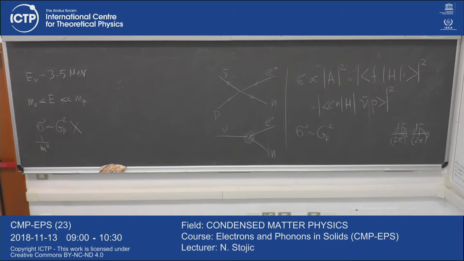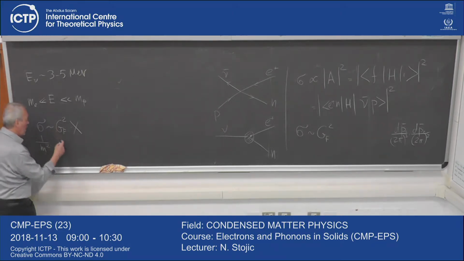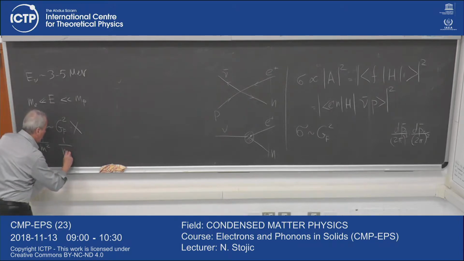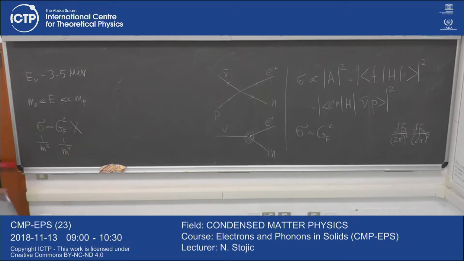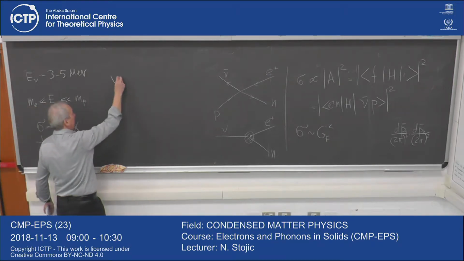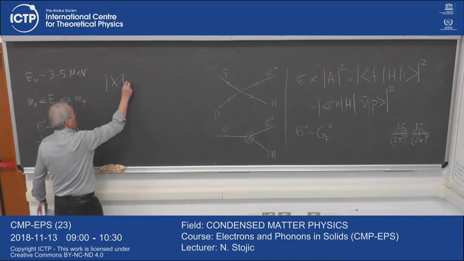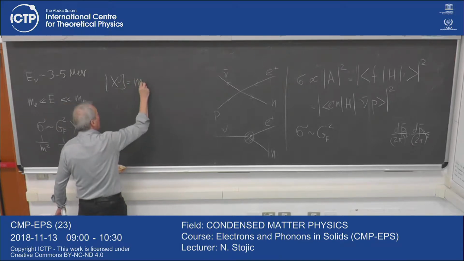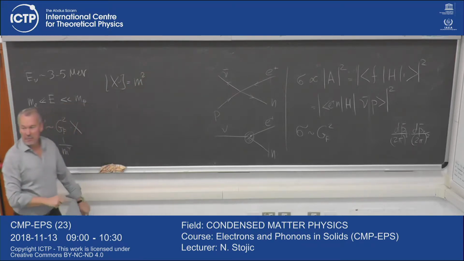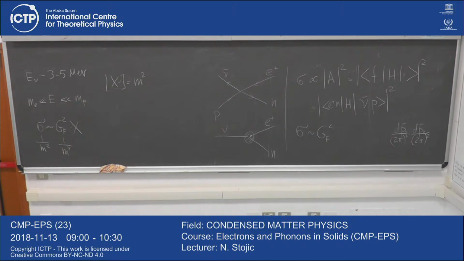G Fermi has dimension 1 over mass squared, and squared will be 1 over mass to the fourth. And therefore this X should have dimension of mass squared. Agree?